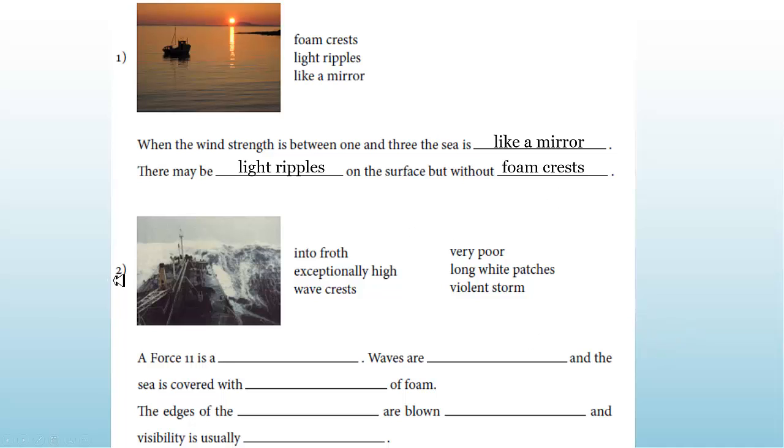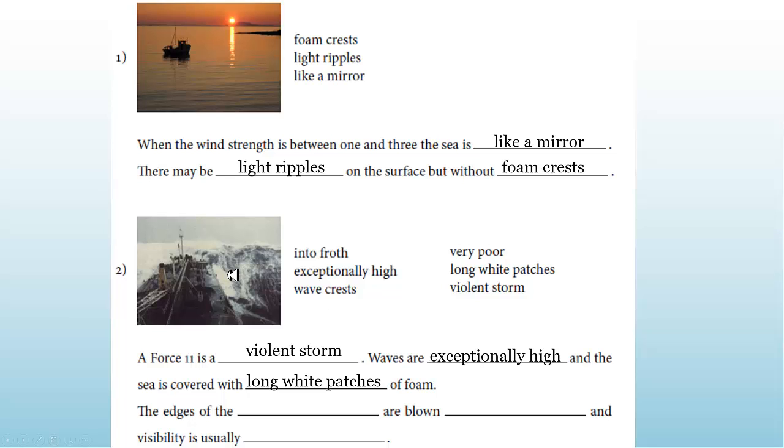So look at number 2 here. A force 11. Remember we said that hurricane was force 12, but force 11 was a violent storm. So force 11 is a violent storm. Waves are exceptionally high, and the sea is covered with long white patches of foam.